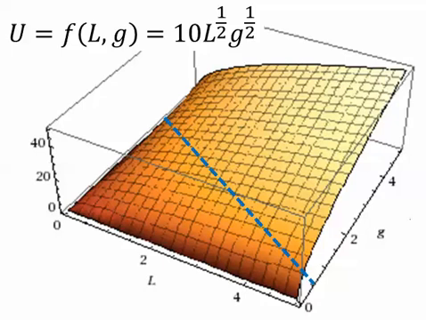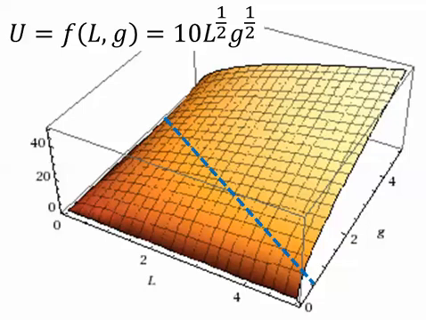I'm looking for the highest value of u such that G and L are on this dotted blue line. Just to be clear, this dotted blue line is in the GL plane. So G and L values must come from this dotted blue line. And I'm looking for the highest utility given G and L are coming from this dotted blue line.